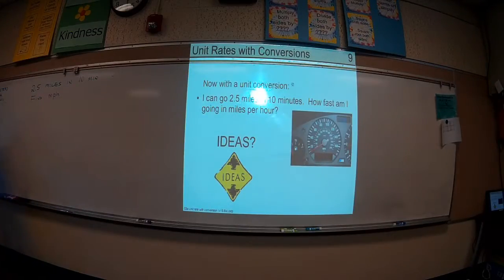Find miles per hour. Language. Is it a machete? What is it? It's a scalpel. What do you want to do? And we're going to spend the next 5 minutes probably just dissecting language here.